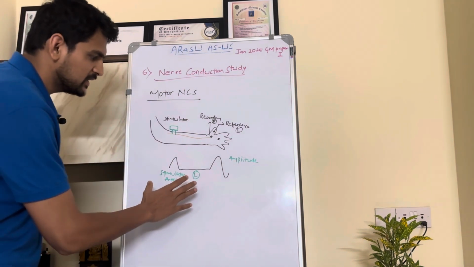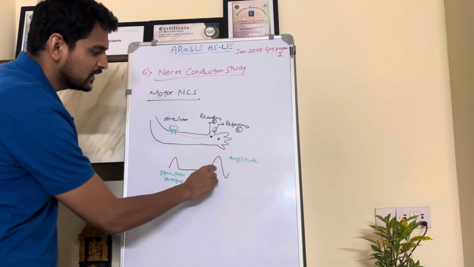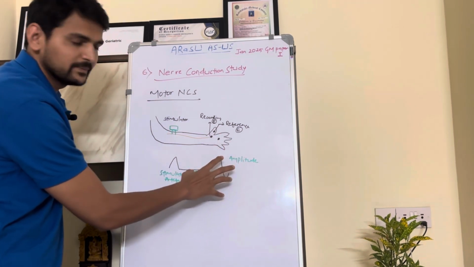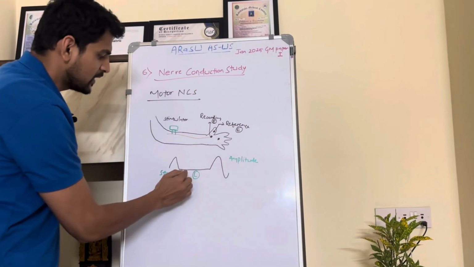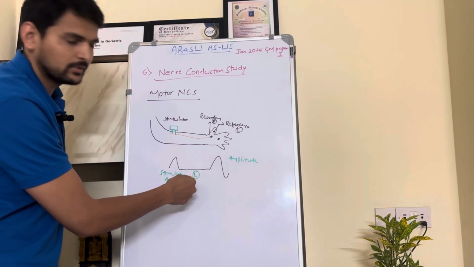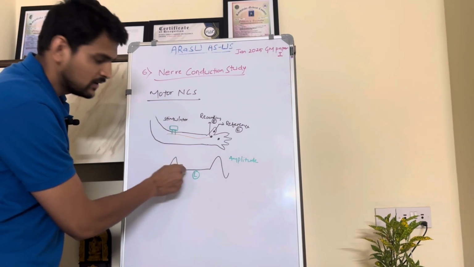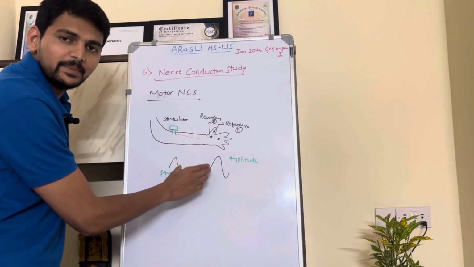Now we will understand it in further detail. The amplitude will depend on the number of axons present. The more axons there are, the better the response. The latency and conduction speed will depend on the myelination of the nerve. If there is good myelination, the latency will be shorter and conduction speed will be good.